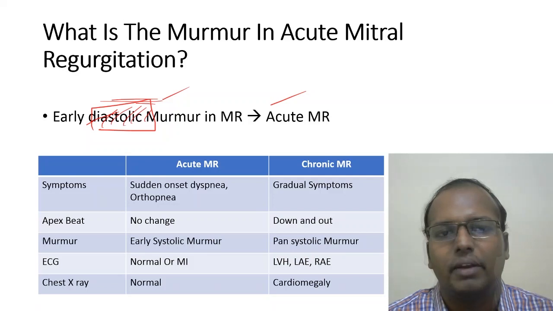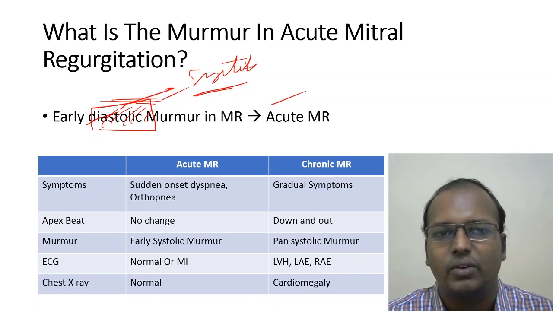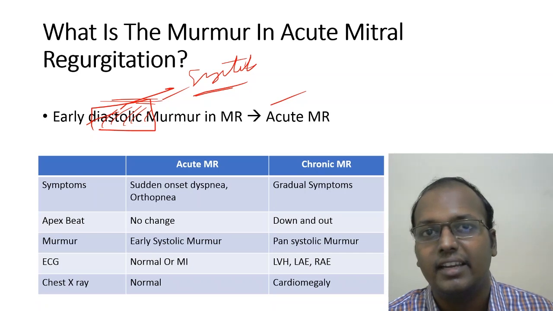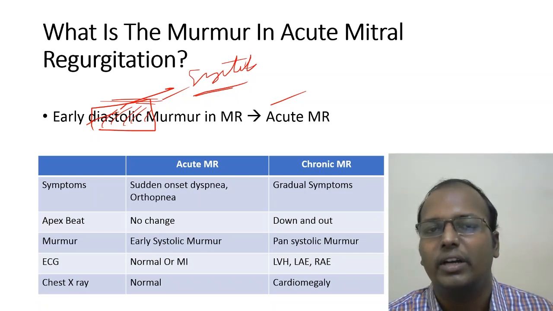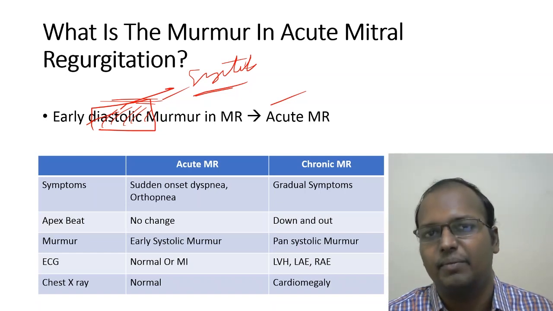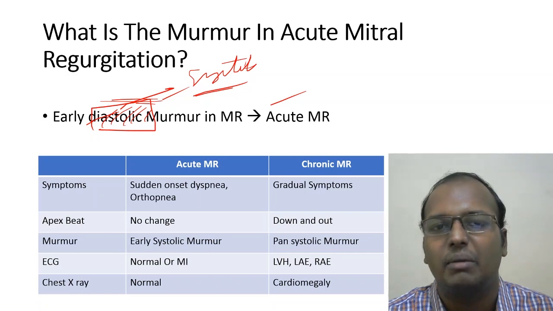Basically, this is an early systolic murmur. Throughout systole, if there is a gradient, especially in a patient with chronic mitral regurgitation, the left ventricle is enlarged, and the left atrium is enlarged. So the atrium will be able to receive the blood as long as the ventricle is pumping. That leads to your pan-systolic or holosystolic murmur.